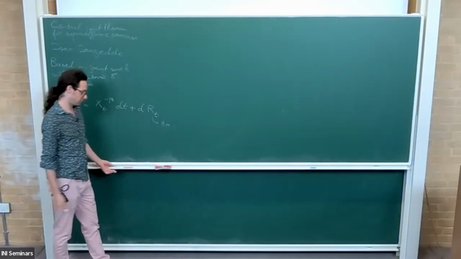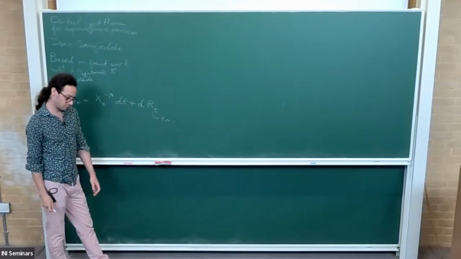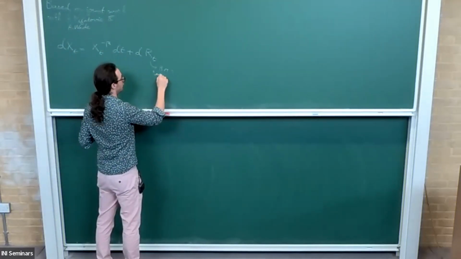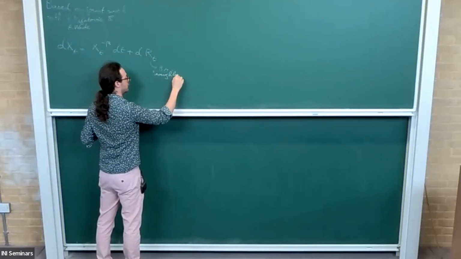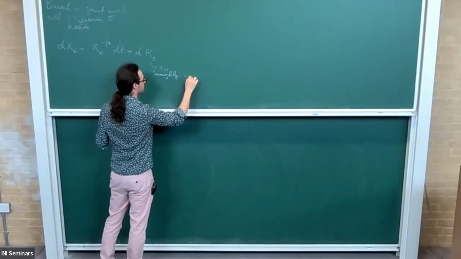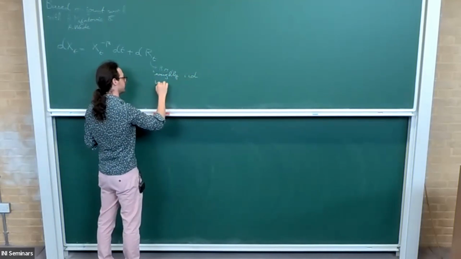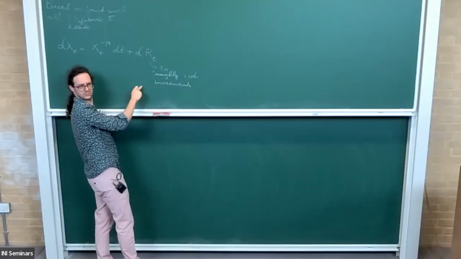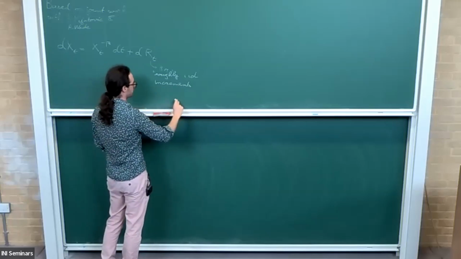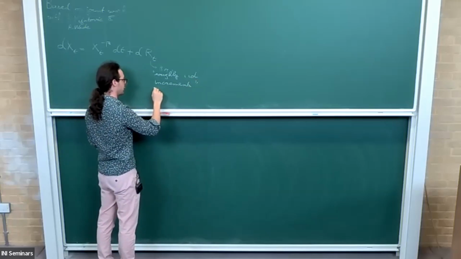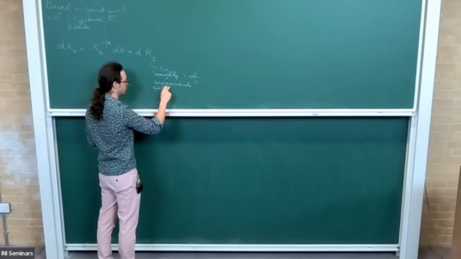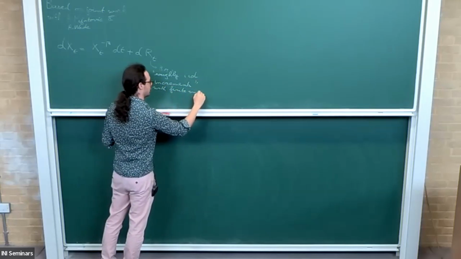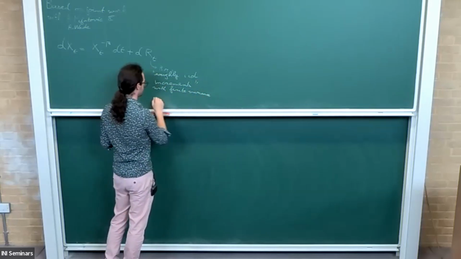But in fact, you can consider very broadly pretty much anything which has roughly IID increments with finite variance, and zero average.